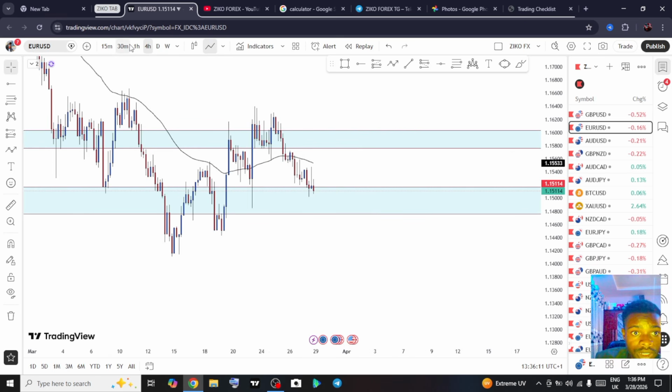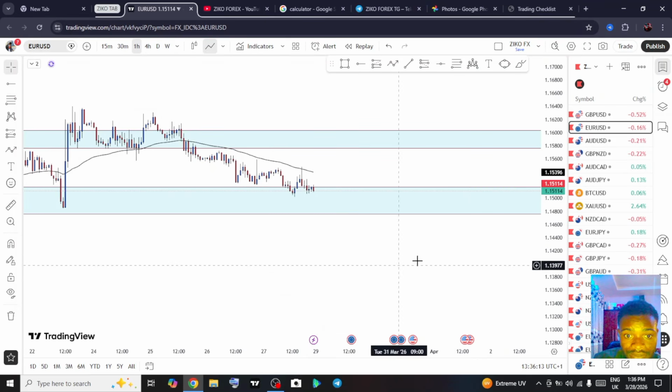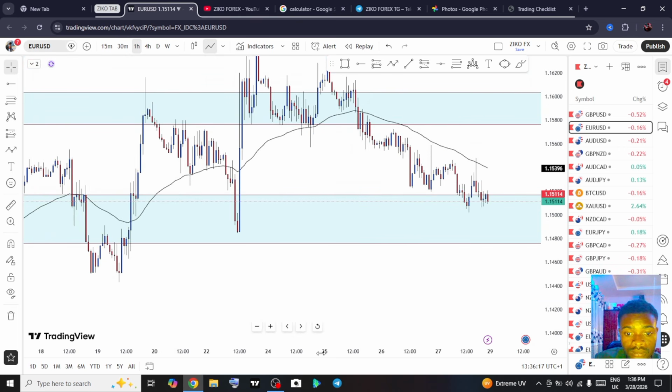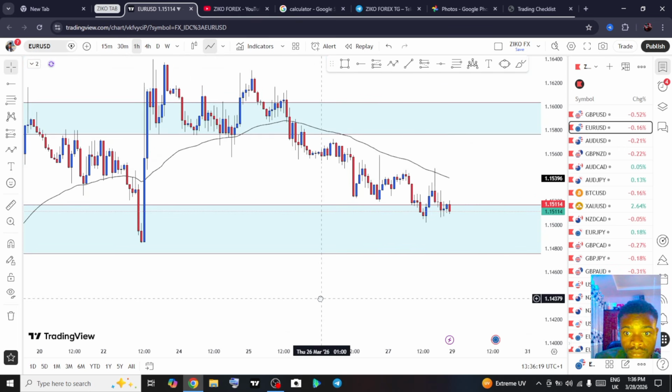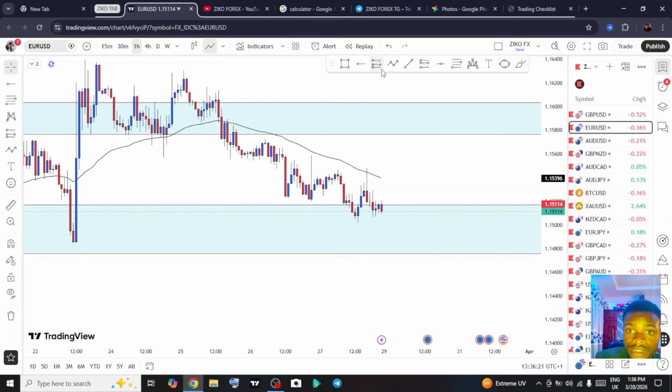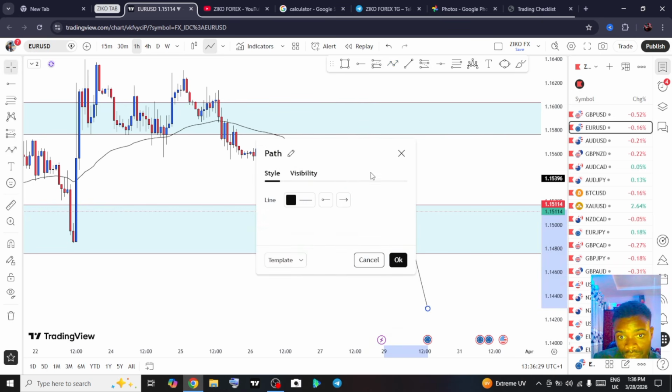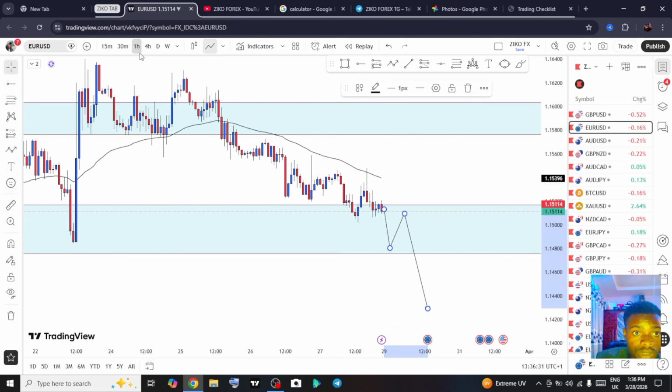So let me check the 1 hour to see if we can get anything very clean. All right, so 1 hour time frame just simply tells us that if we can have a break right here and retracement, we could sell, right? So that's what I'm waiting for.